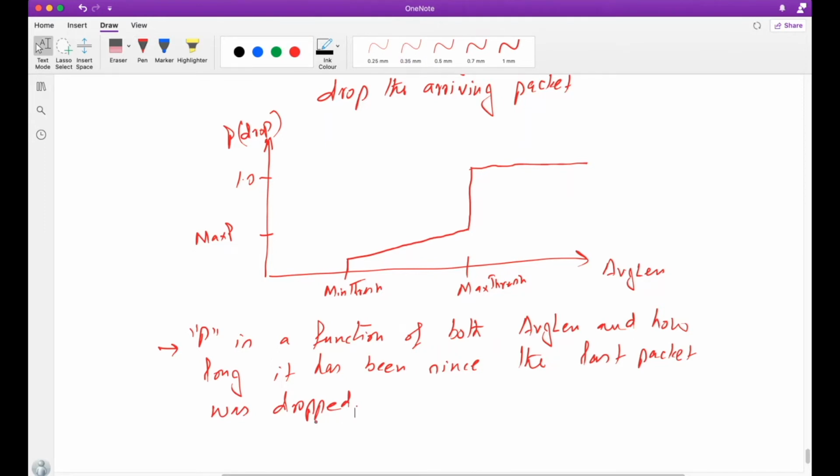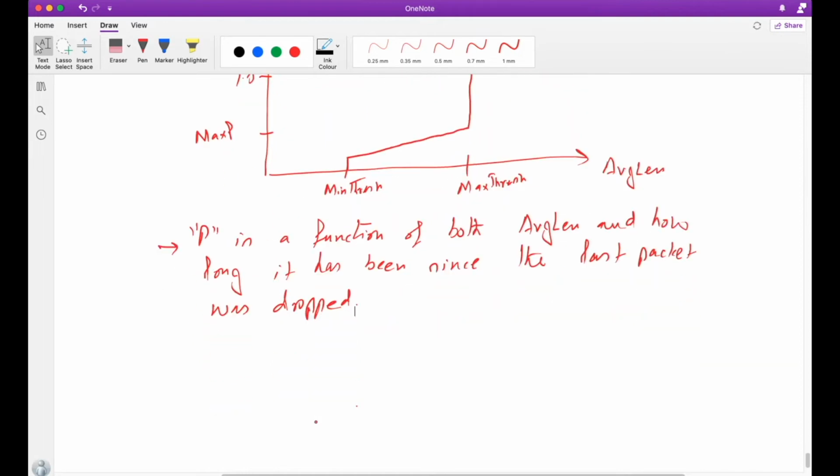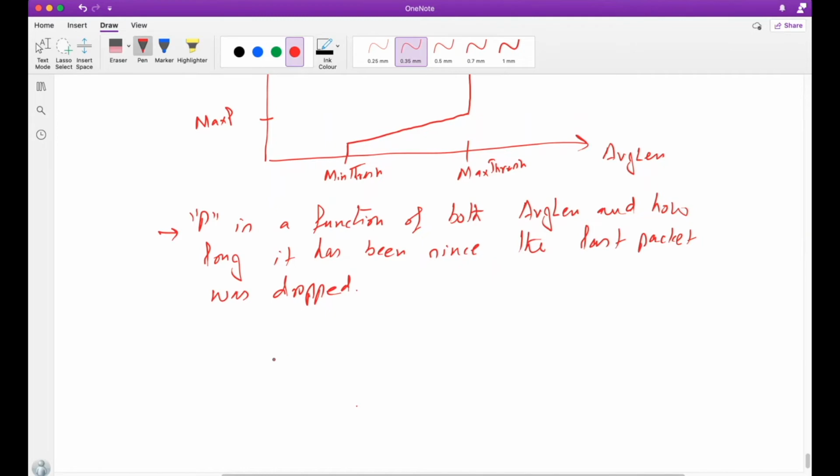If packets are dropped in clusters, the sender will go back to the slow start phase. So this we don't want using this random early detection algorithm.